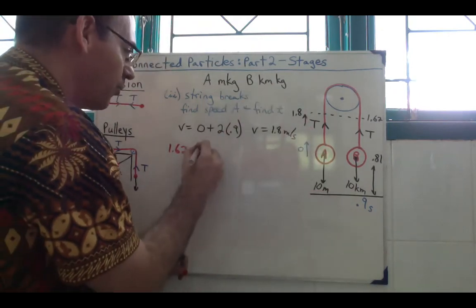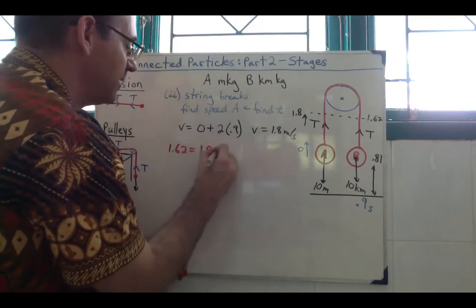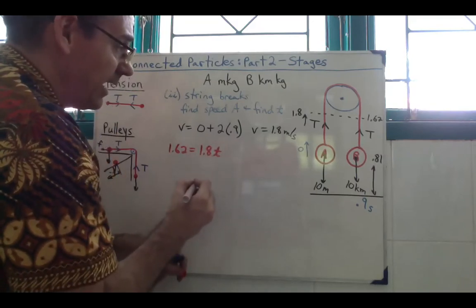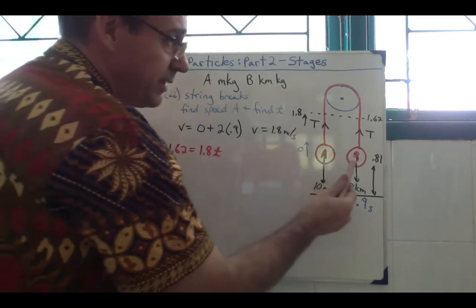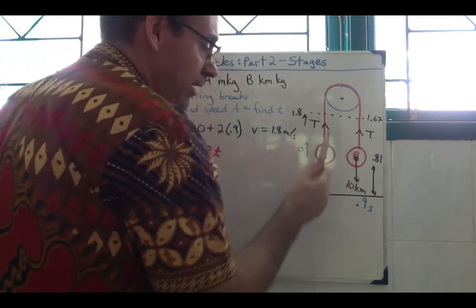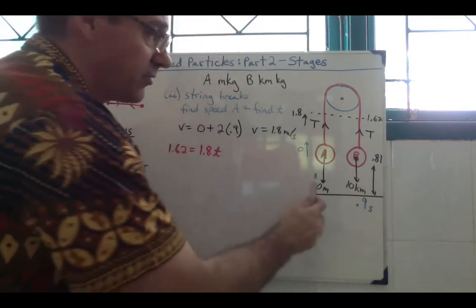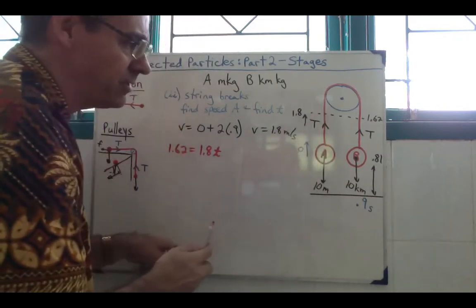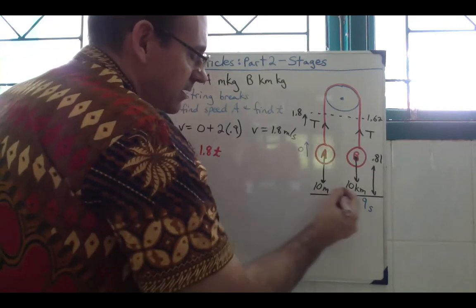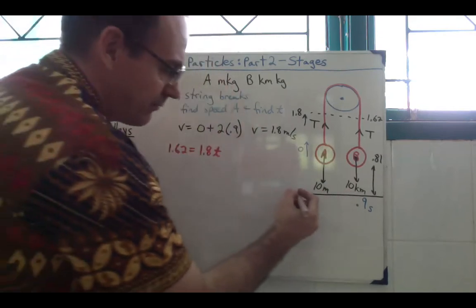So 1.8 t, and it's positive because it's going away. We're going to use the ground as our point of reference. So it's going away from the ground. Okay, so I'm using the ground as the point of reference.